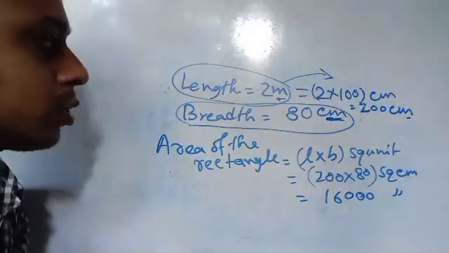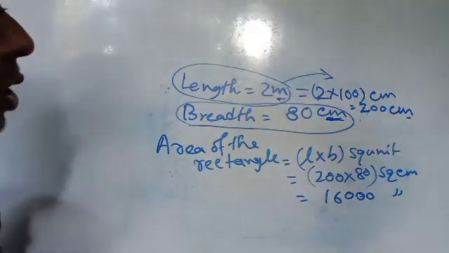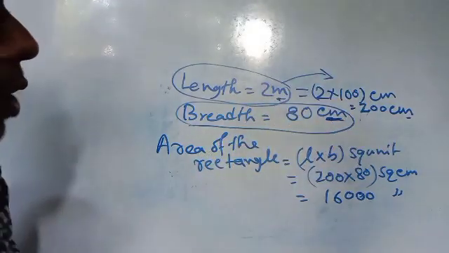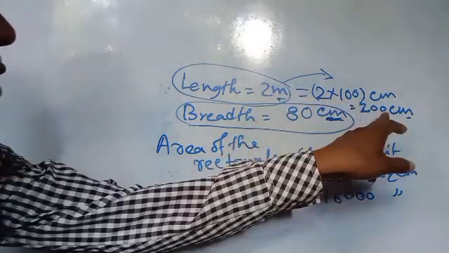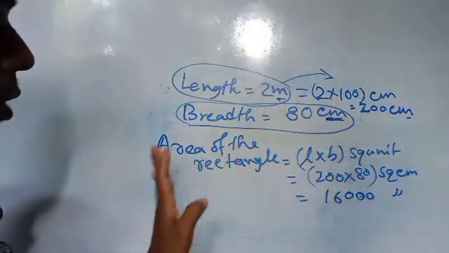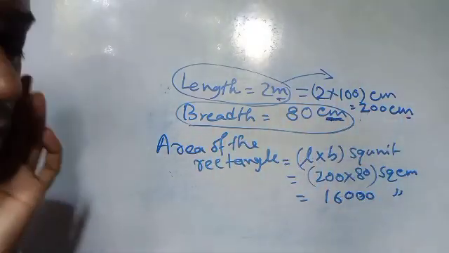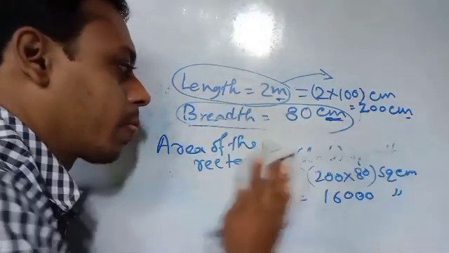You know 1 meter is equal to 100 centimeter. So 2 meter you multiply by 100, then you will get 200 centimeter. Now length 200 centimeter, breadth 80 centimeter, both are in terms of centimeter. No problem. Now you can easily find the area of the rectangle.